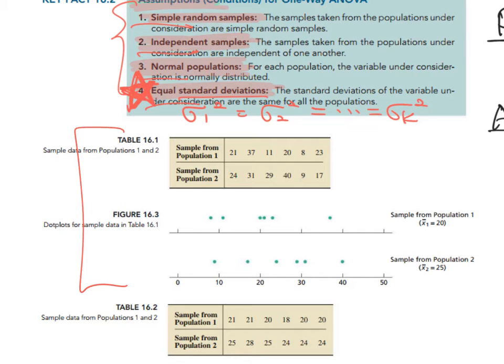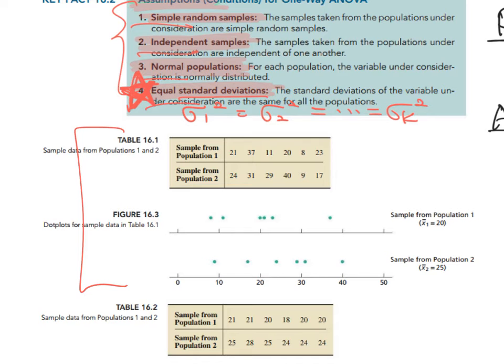But usually we apply the pooled t-test when k is equal to 2, when we have two groups. But even when we have two groups, we can apply ANOVA, because as I told you, ANOVA is an extension of the t-test. So even with two groups, we can apply ANOVA or the pooled t-test. But later, let me show you that they will be exactly the same procedure when we have two groups.